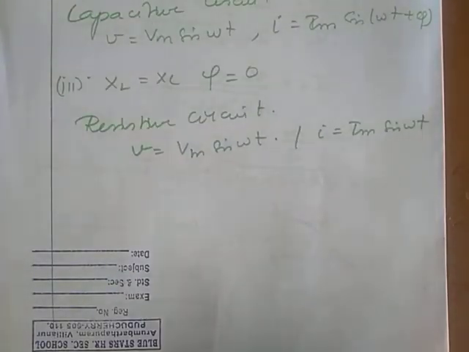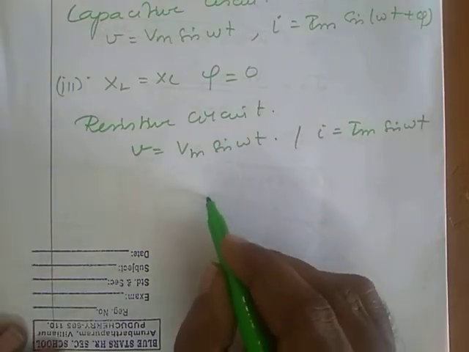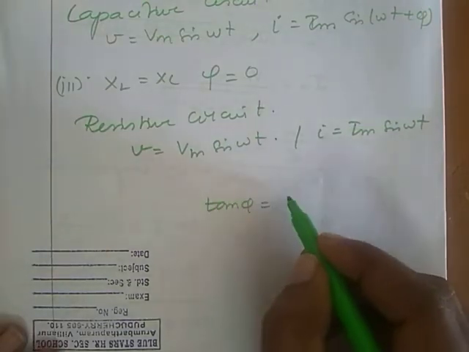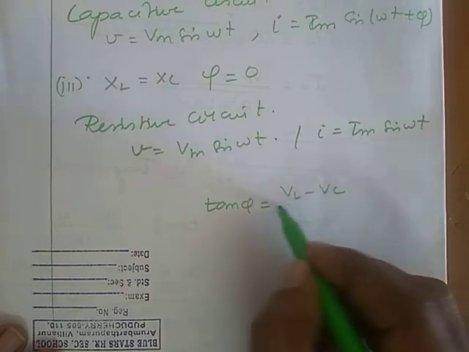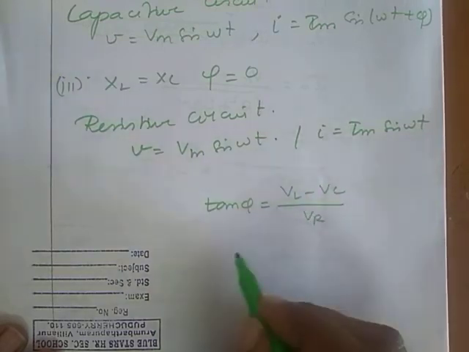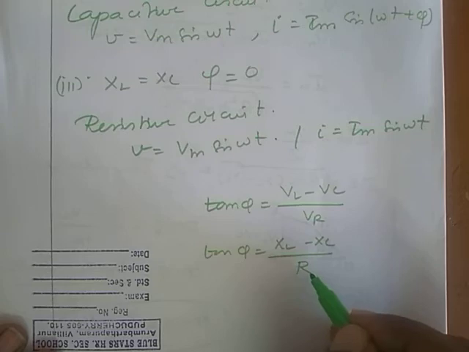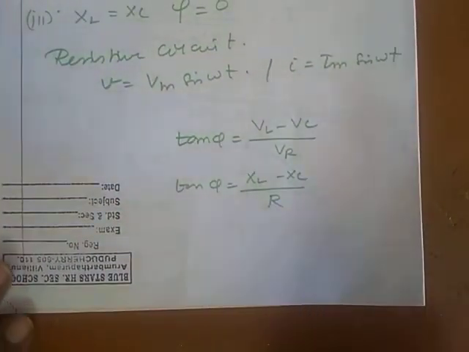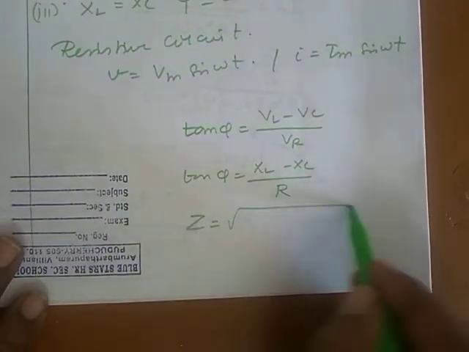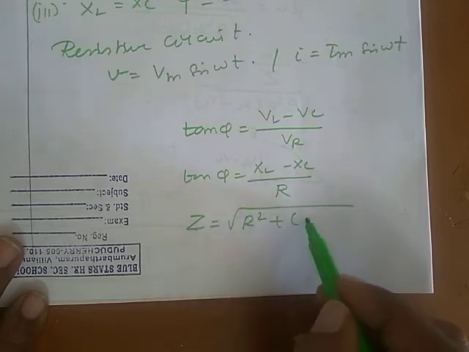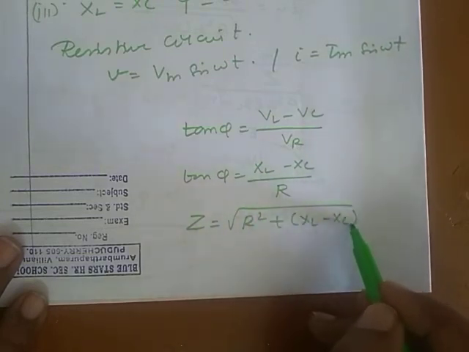Let me see some important relations in the RLC circuit. You have to know the formula for phase angle: tan phi is equal to (VL minus VC) by VR, or tan phi is equal to (XL minus XC) by R. Next the impedance: Z is equal to root of R square plus (XL minus XC) whole square.